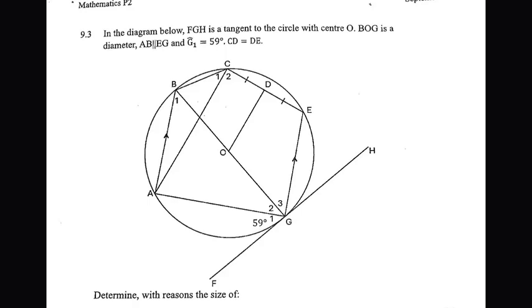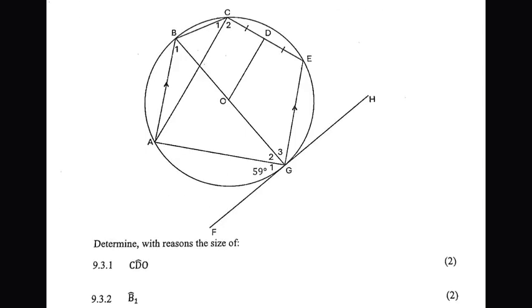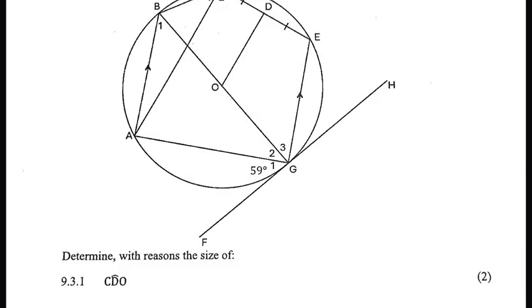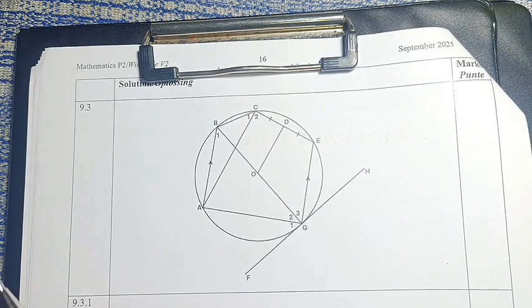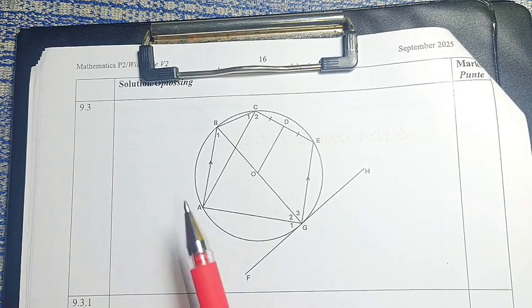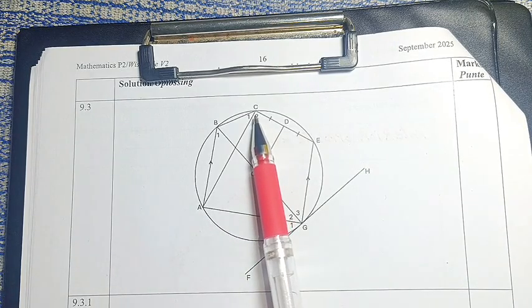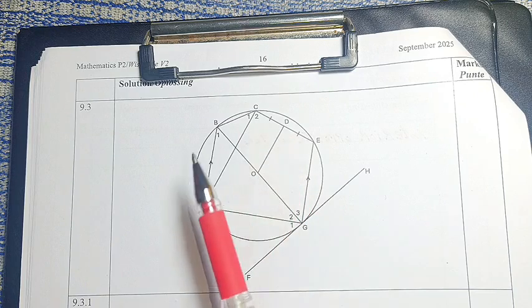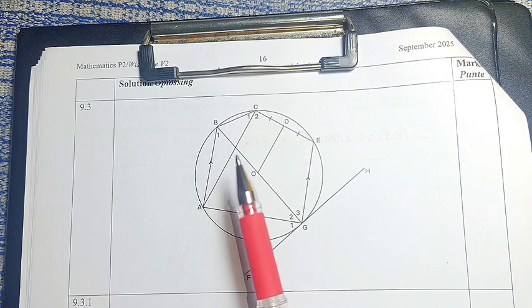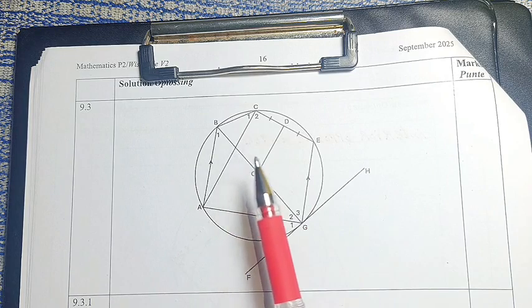So the first question, determine with reason the size of angle CDO. Angle CDO is going to be equal to 90 degrees, line from center to midpoint of chord.